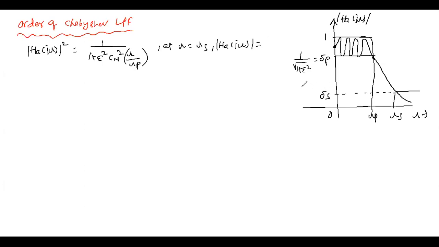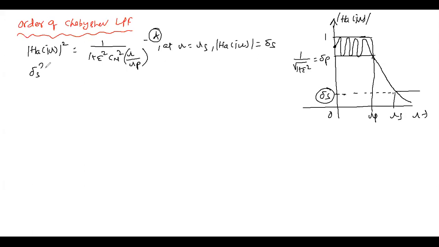See this diagram and tell me. It is, yes, del S. Very good. It is del s. See, at omega equals omega s, the value is del s. Yes or not? See. Now, let this be equation A. I will use this concept here.